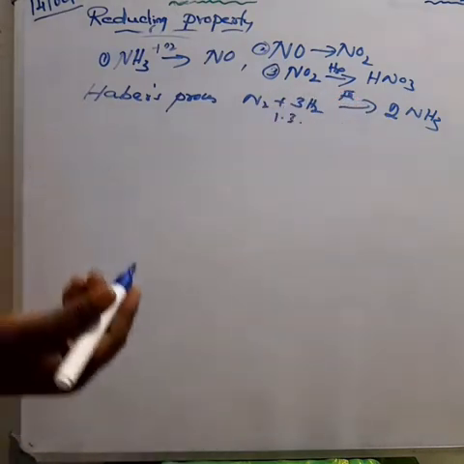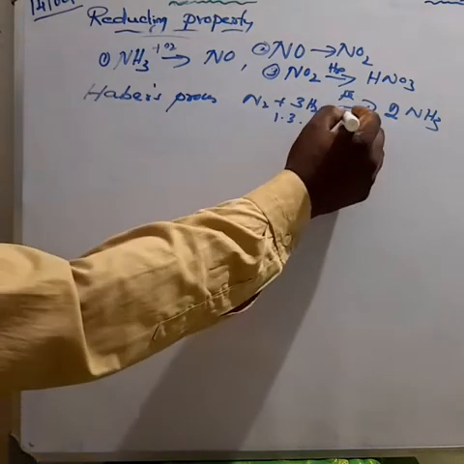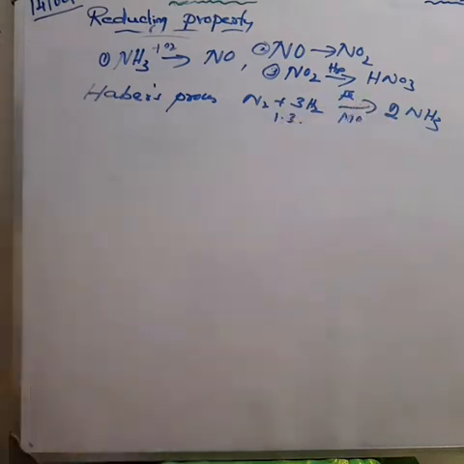Iron acts as a catalyst, and molybdenum is also a promoter. We already learned that. In Haber's process, we are preparing ammonia.